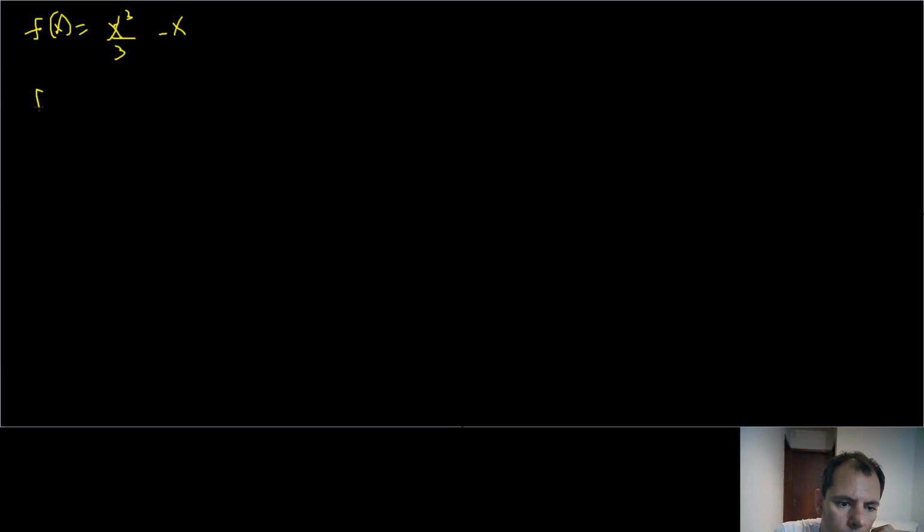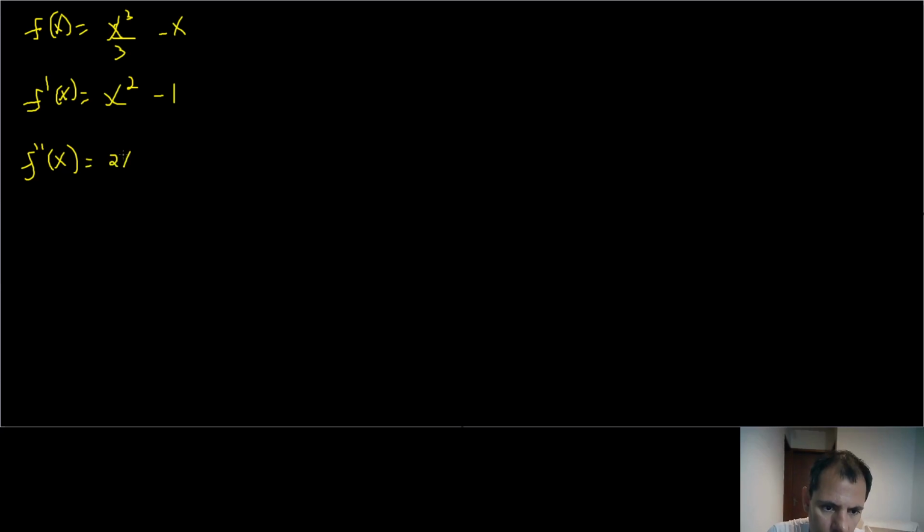So f prime of x is going to be equal to x squared minus 1, because 3x squared divided by 3 gives x squared. That'll be the first derivative. Let's just calculate the second derivative too.